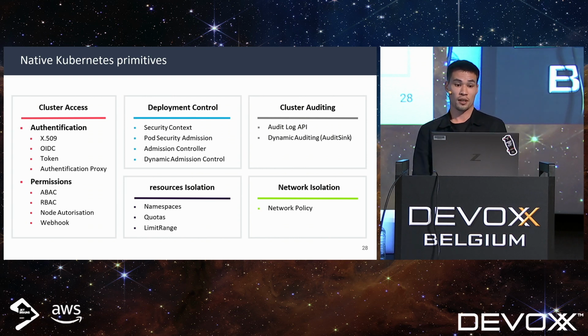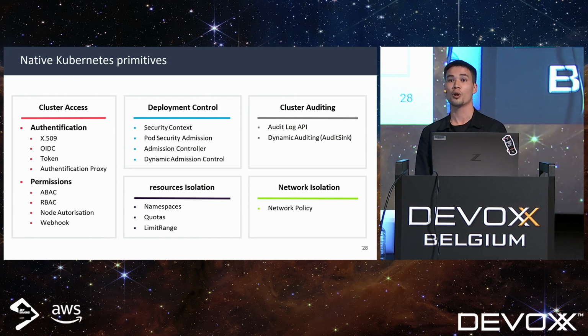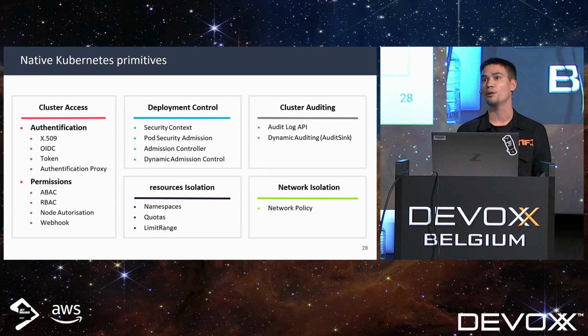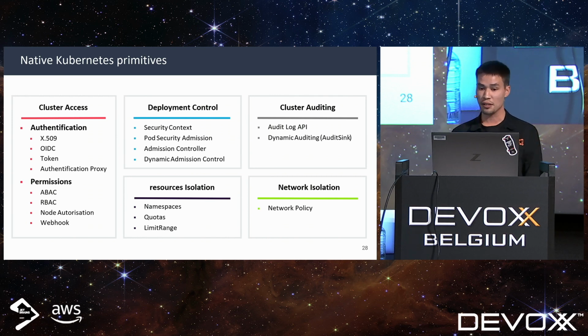We can also restrict and share resources in the cluster by using namespaces, quota, and limit range, to make sure that when different users or teams are using the cluster, we can assign them specific resources. We can also, of course, isolate the network, and Vincent will share that with you later.